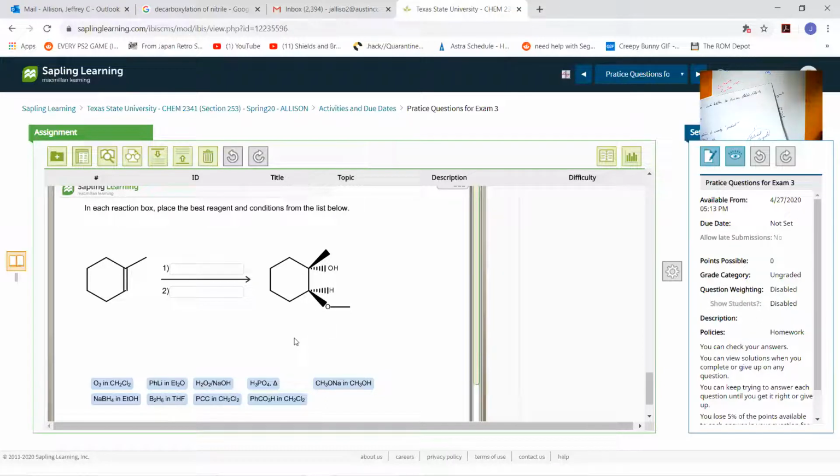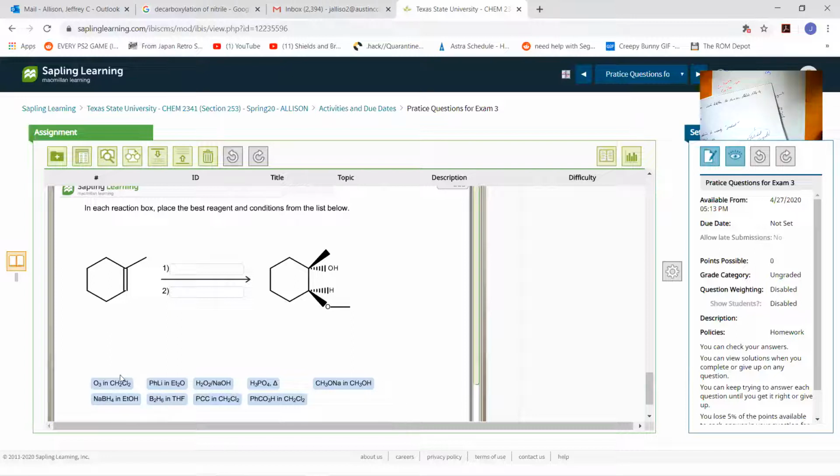So even though this is not the only product I suspect would be made, to make this one here, you would need to install oxygen on this pi bond. Now, you could do that with ozonolysis, but that's going to cut the ring, and you still have the ring here intact, so you don't want to use it.